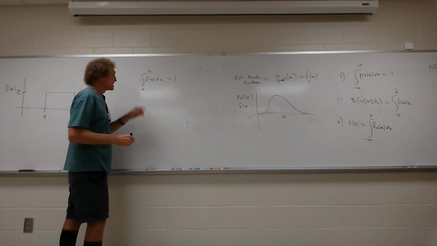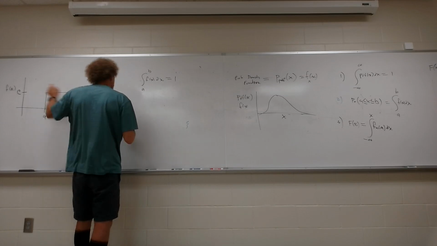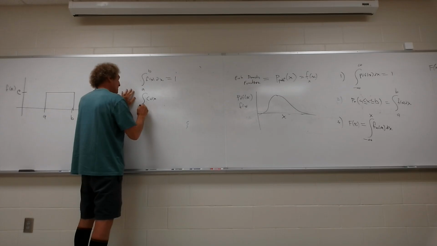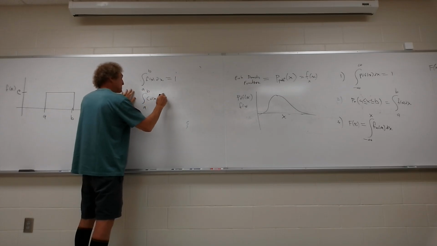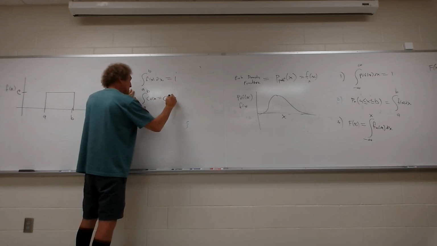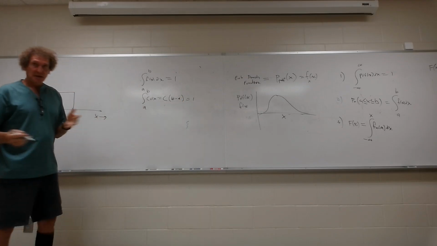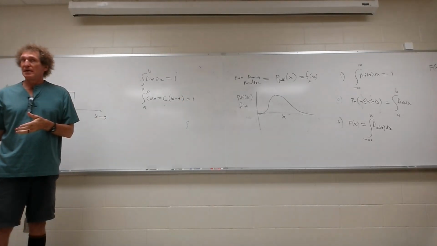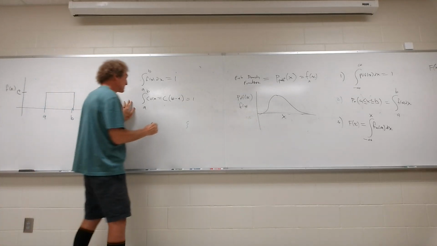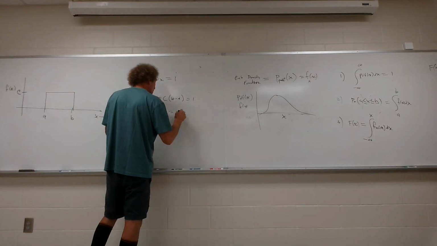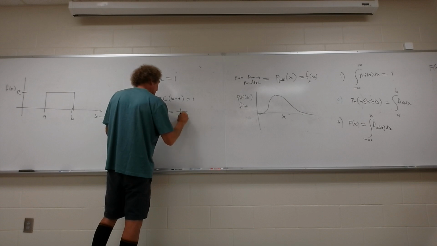By definition. Well, since it's a constant, when I integrate a constant from A to B, I simply get that constant times B minus A, and that's 1. Everybody agree with that? All right, so the value of C is just equal to 1 over B minus A.